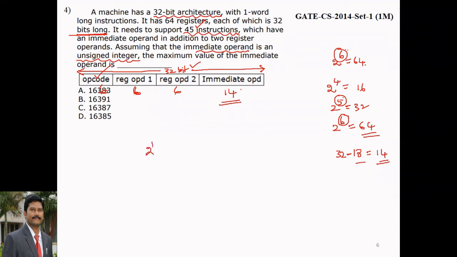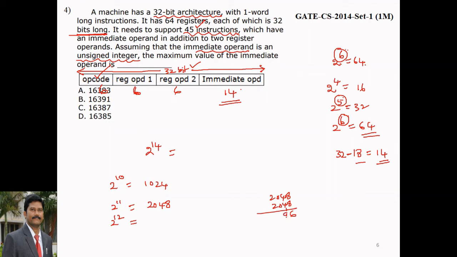So 2 power 14, how much? 2 power 10 equals 1K, that is 1024. 2 power 11 is 2048. 2 power 12 is 2048 plus 2048, that is 4096.